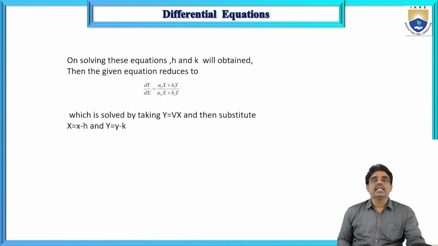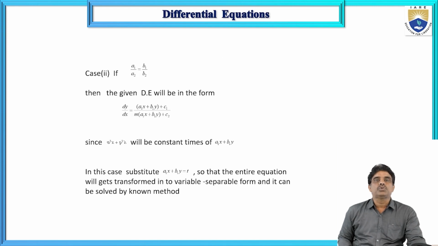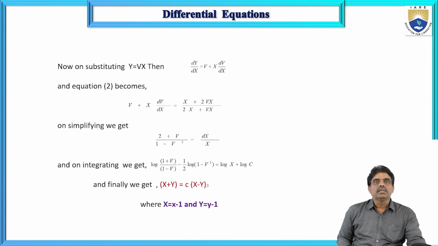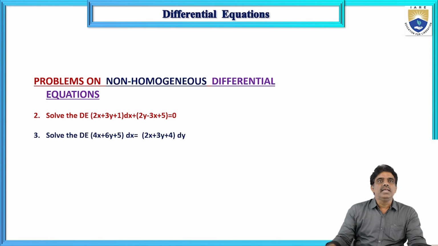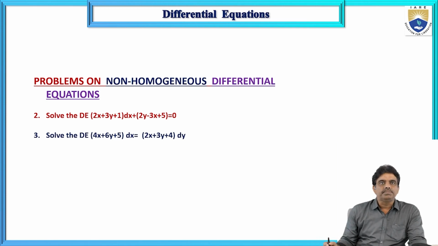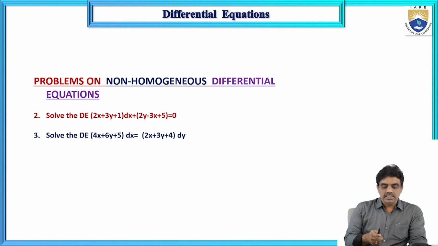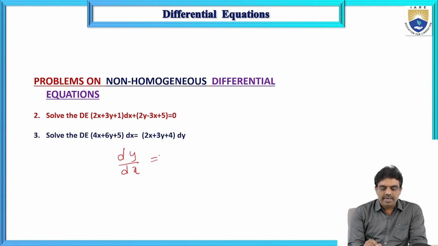Now we will see another problem that comes under case 2. If a1 b2 minus a2 b1 is equal to 0, how the equation will be solved, that we will see in this video. So here the given problem, the third problem, is the differential equation dy by dx is equal to 4x plus 6y plus 5 by 2x plus 3y plus 4.